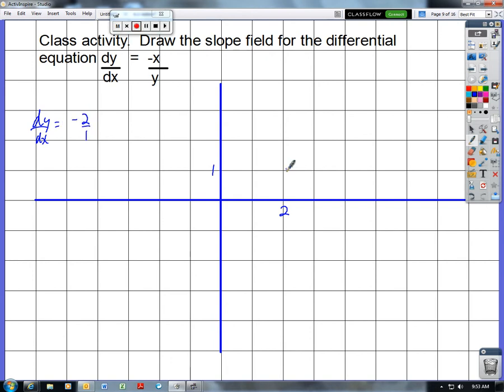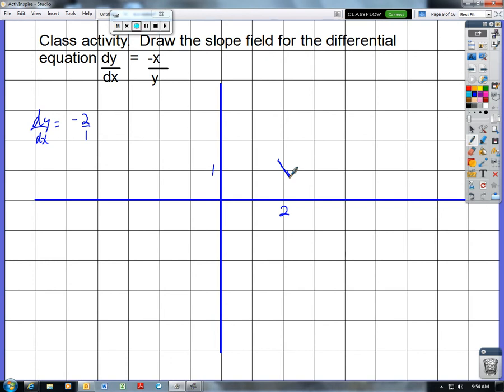So for this point right here, the derivative or the slope is -2. -2 is somewhat steep. Let's just pretend that's a slope of -2. It's actually a little steeper than that. You just roughly draw them. That's about a slope of -2.